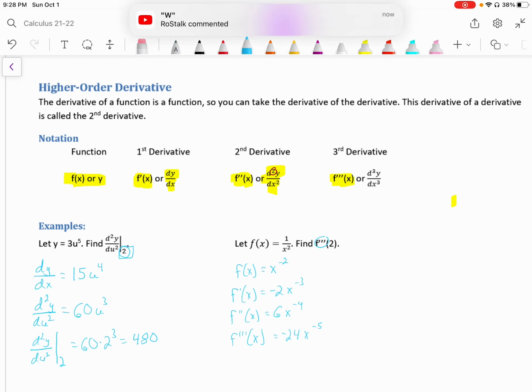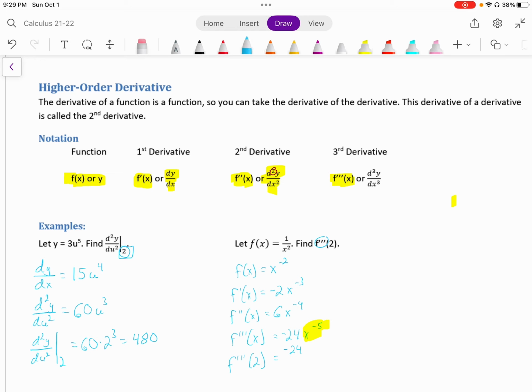And we're going to evaluate that at 2. Now what I'm going to do here is remember that a negative exponent means that we can put that in the denominator.